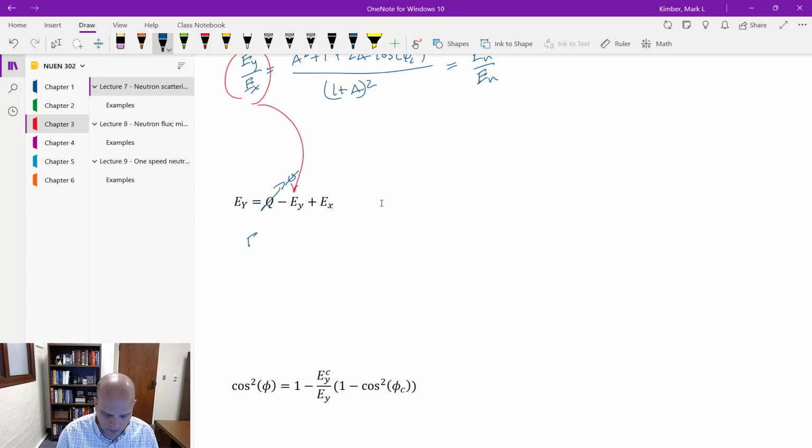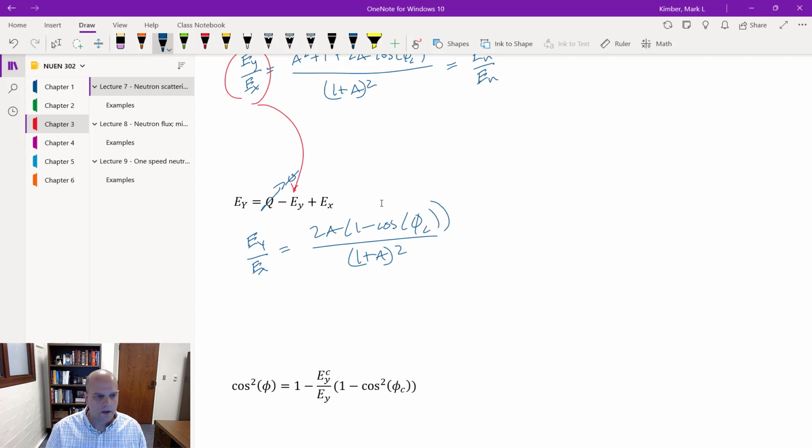And so I find that EY over EX equals 2A times (1 minus the cosine of phi sub C) divided by (1 plus A) squared. And so now I know the relative change in the kinetic energy of the target, of the large particle.